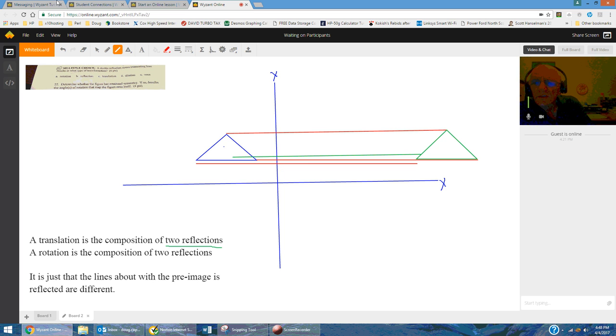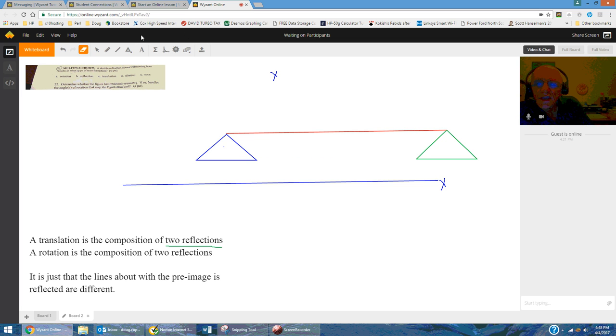The combination of reflections works like this. Let me just make up a number for this translation distance. Let's say that this distance here is 50.